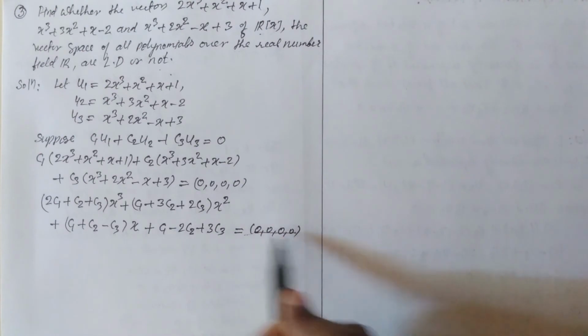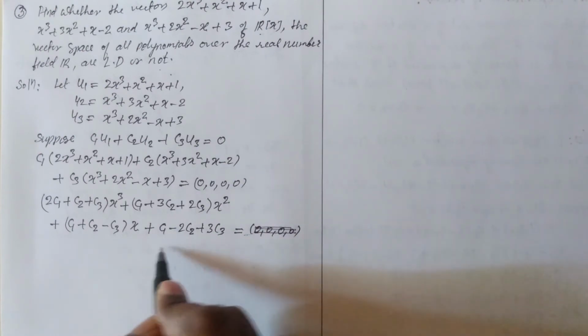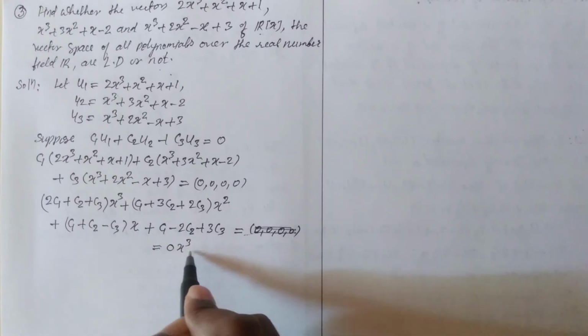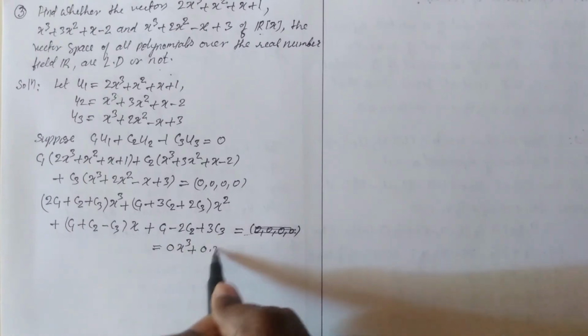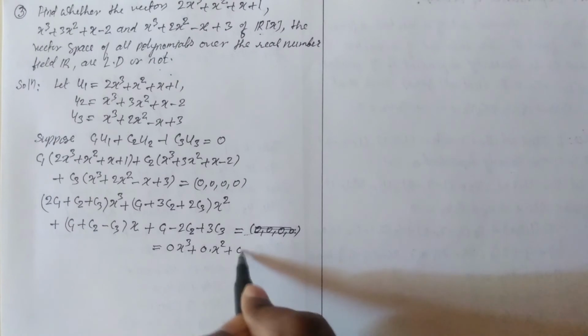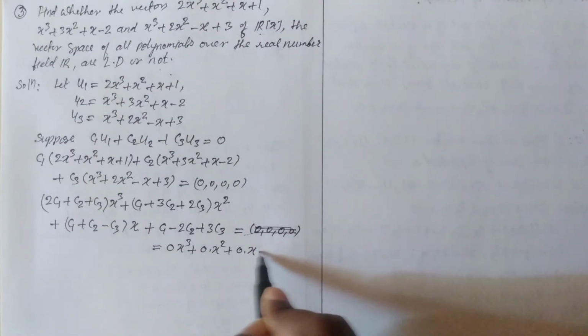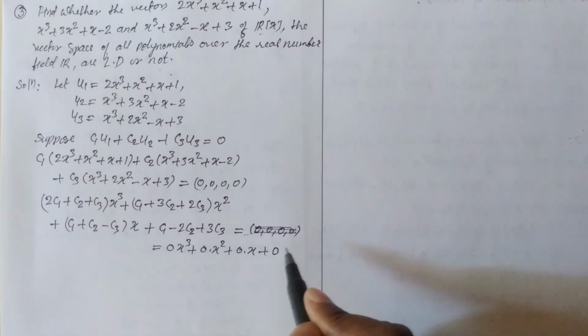Now the right hand side can be written as 0 times x cube plus 0 times x square plus 0 times x and plus 0.